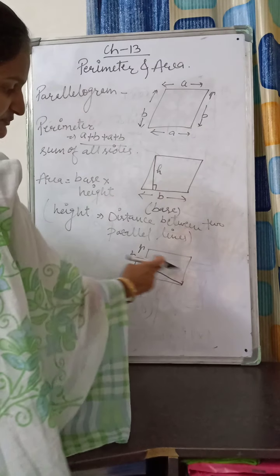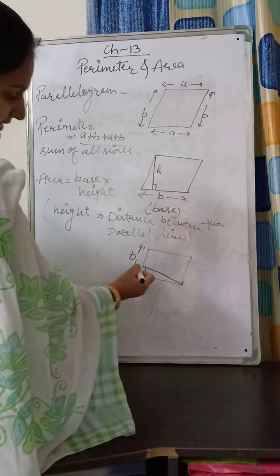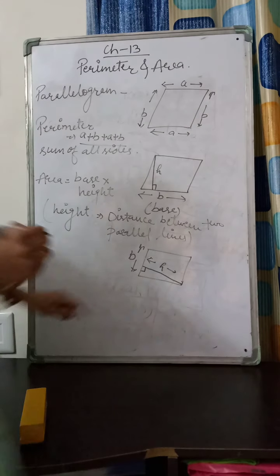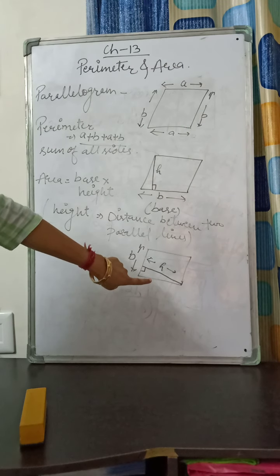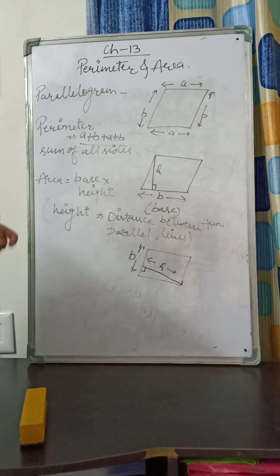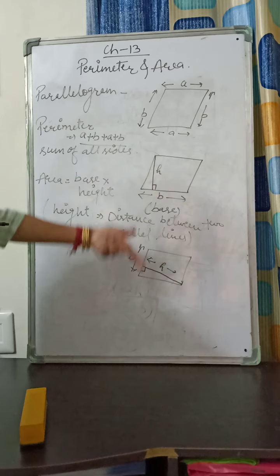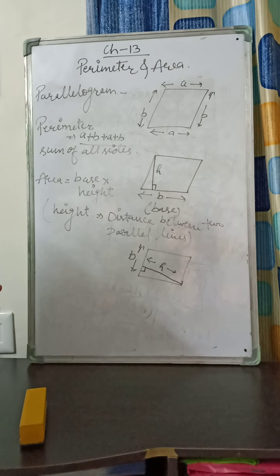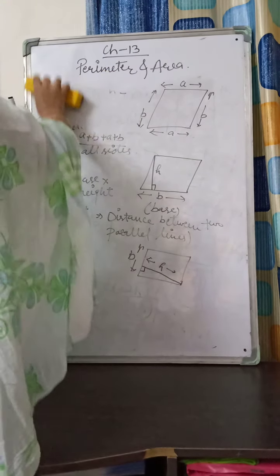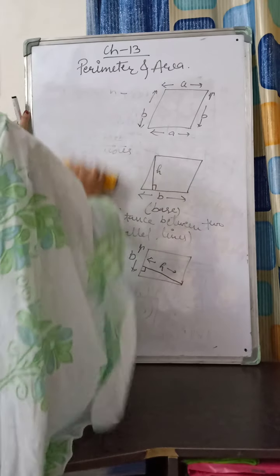So from these parallel lines, this straight line is the height. This will be the height of the parallelogram and this is the base. Fine. So by using these two measures, we can find the area of the parallelogram. So here we have completed the parallelogram, and the next is circle.